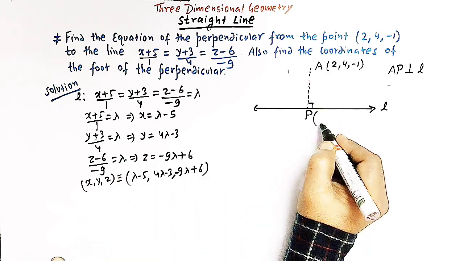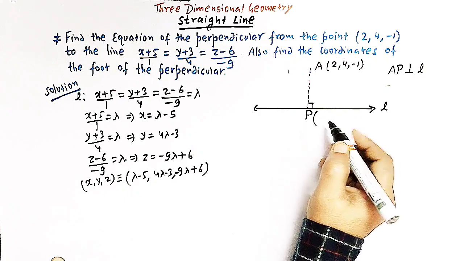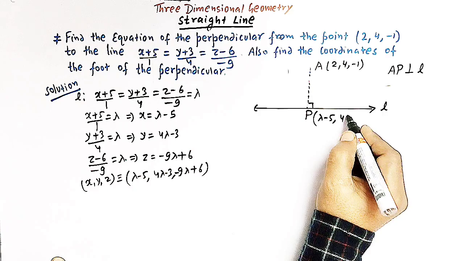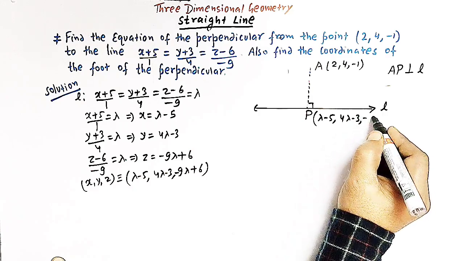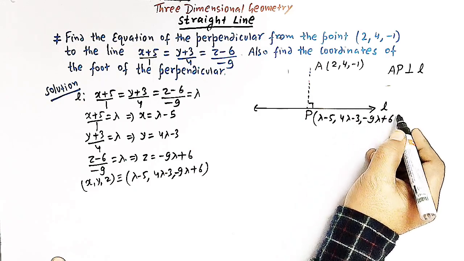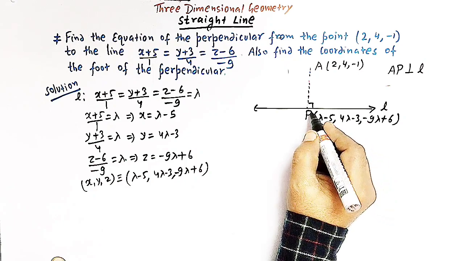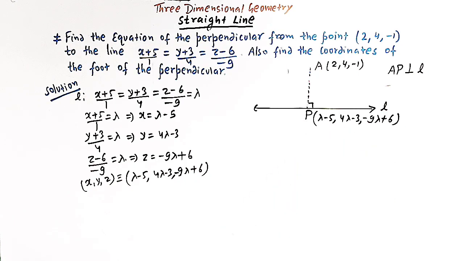So here we can now write the coordinates of point P as lambda minus 5, 4 lambda minus 3, and minus 9 lambda plus 6. So for some particular value of lambda, we can have the coordinates of the point P.